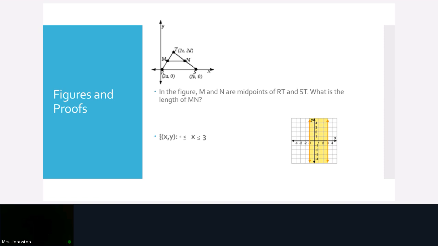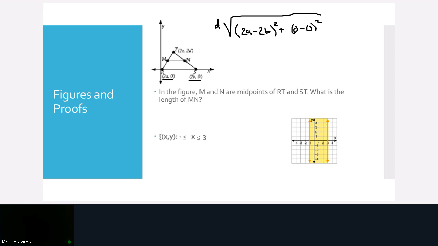So it's going to cut the width of this triangle in half. So what is the distance between (2a, 0) and (2b, 0)? Well, according to our distance formula, the square root of (2a minus 2b) squared plus (0 minus 0) squared. So we need half of that.